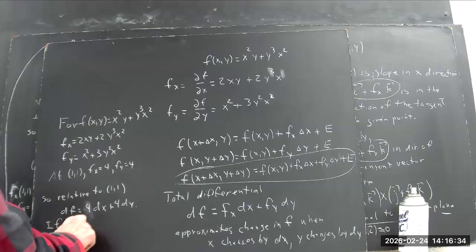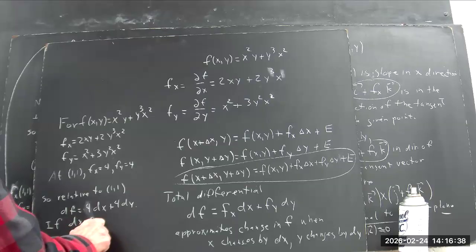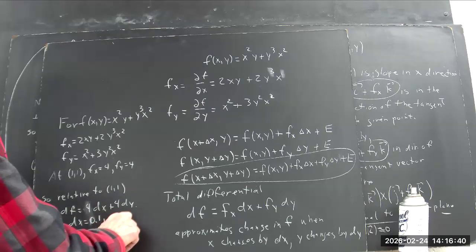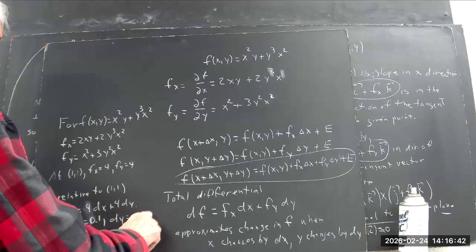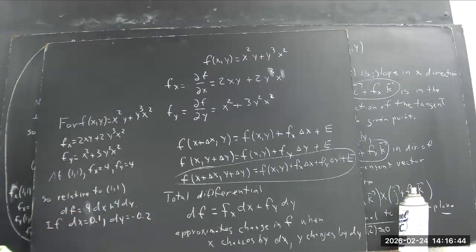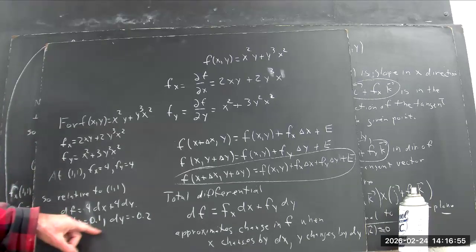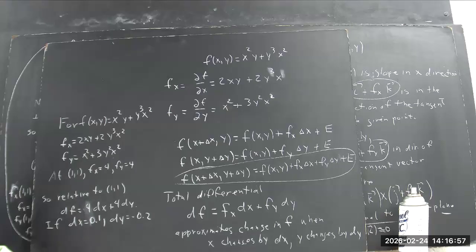If dx equals 0.1, dy equals negative 0.2, and what do those numbers have to do with the example we're working on? Well, you're moving from 1, 1 to 1.1, 0.8. X changes by 0.1, Y changes by negative 0.2.